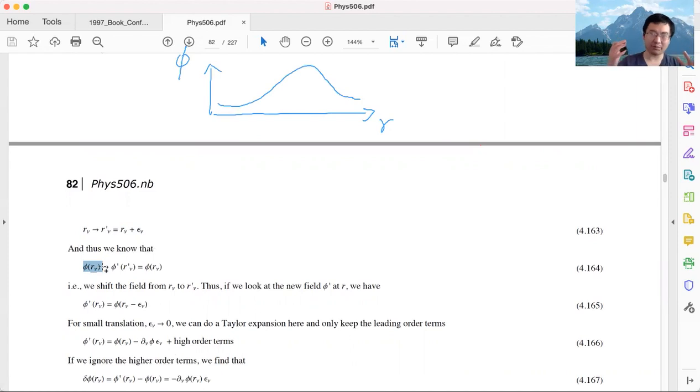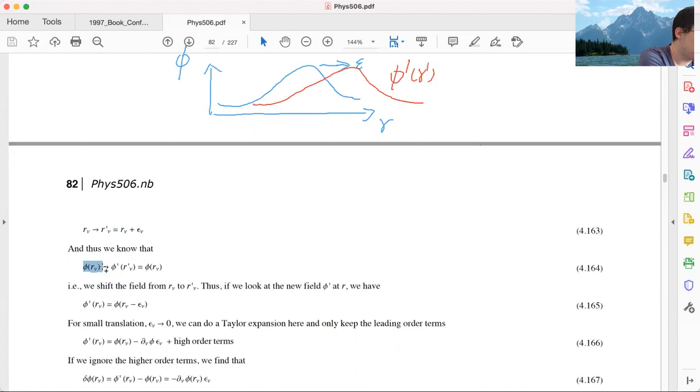So this is my function before translation, and now I'm doing a translation, translated by a vector epsilon. After the translation, let me use a different color, the function becomes this. This is my phi prime of r.